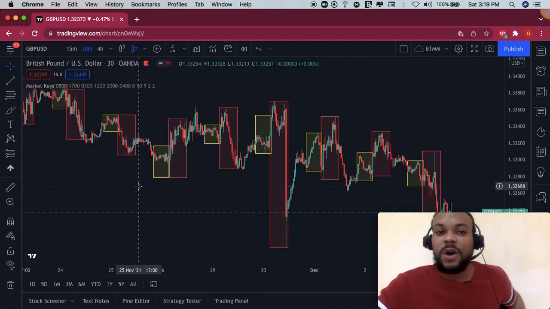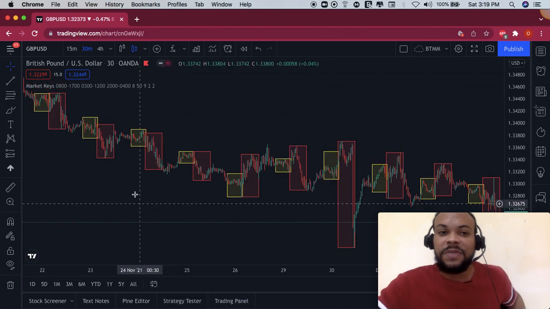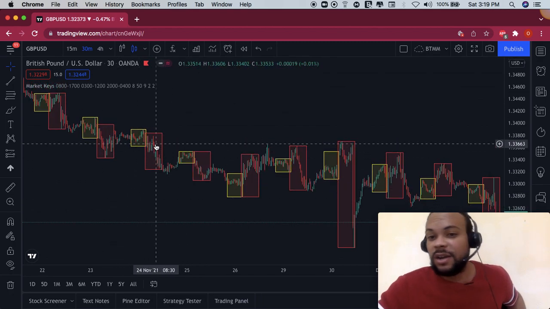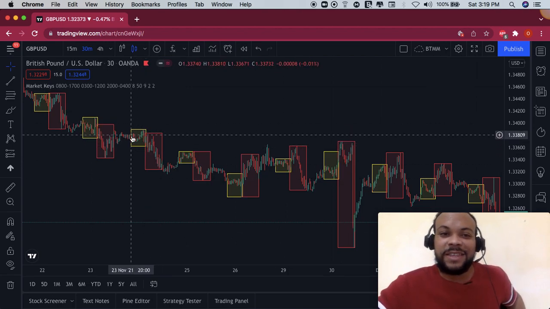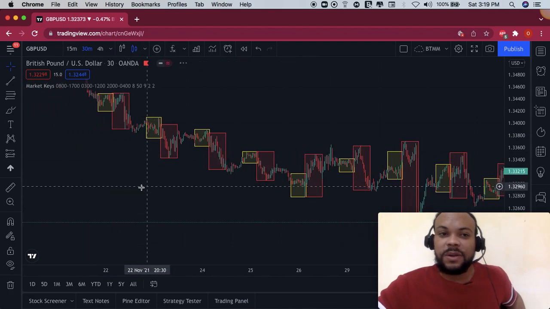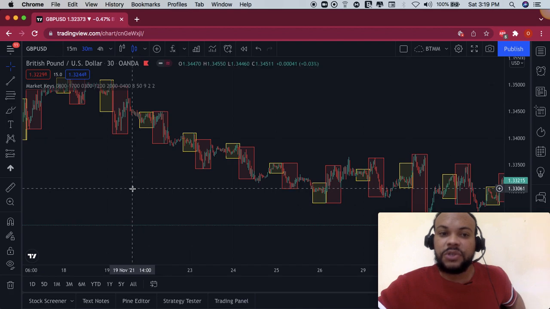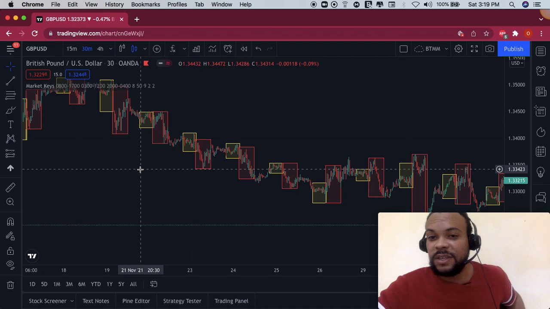Now, what you can see is that generally all of the pink boxes, which are the London session going into New York, are always bigger than the Asian session. So I'm just showing you guys that usually what happens is that London session for GBP USD is always the most active.